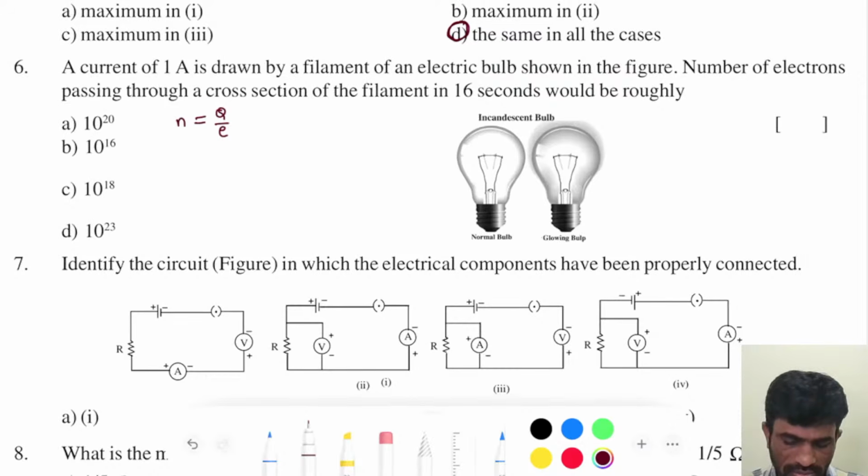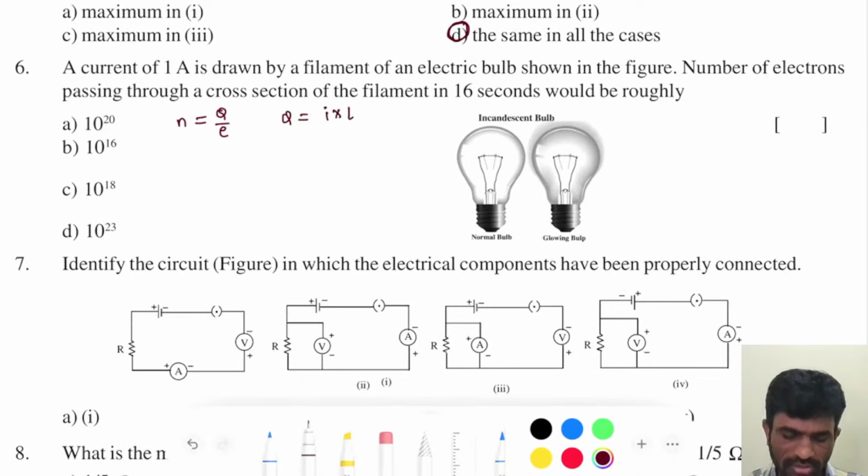Since I is equal to Q by T, we have another formula: Q is equal to I into T. I is given 1 ampere and time is given 16 seconds. So Q is 16 coulombs.